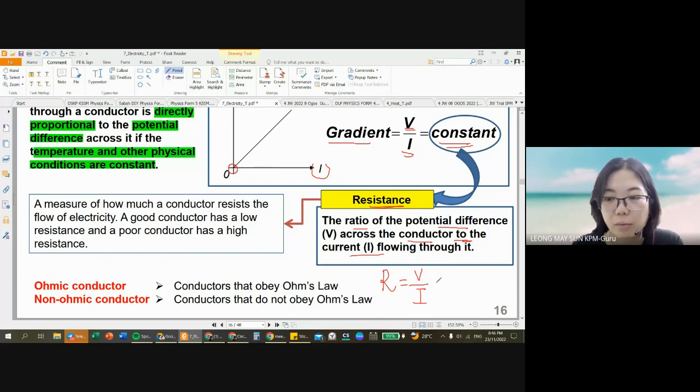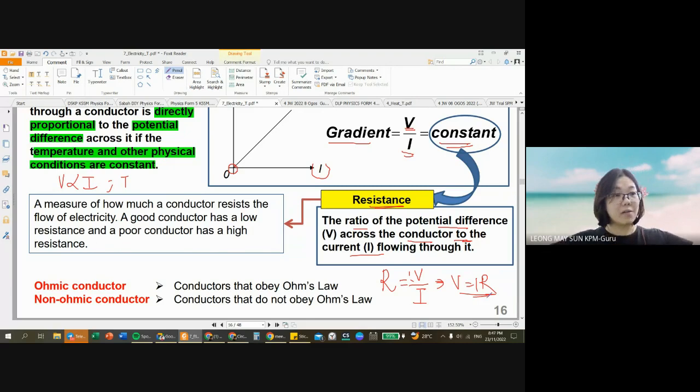That's how we rearrange this formula and we get V equals IR. Okay? Ohm's law is potential difference directly proportionate to the electric current with the condition that the temperature is constant. Resistance is the ratio of potential difference to the current. Rearranging it, you get V equals IR.